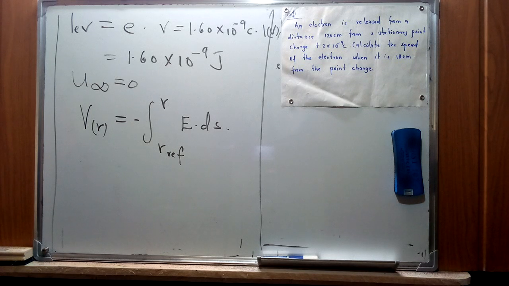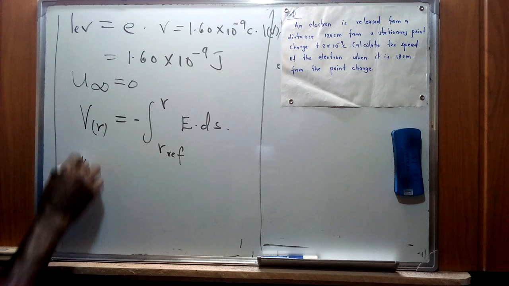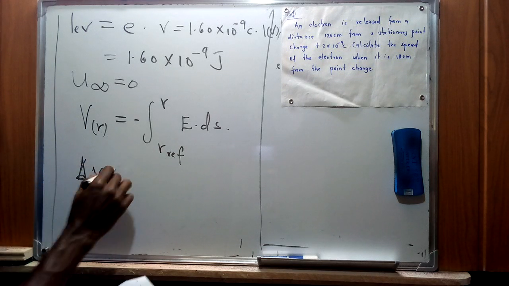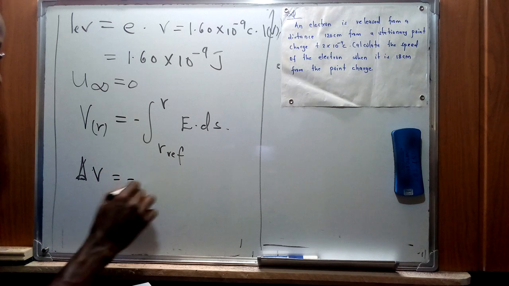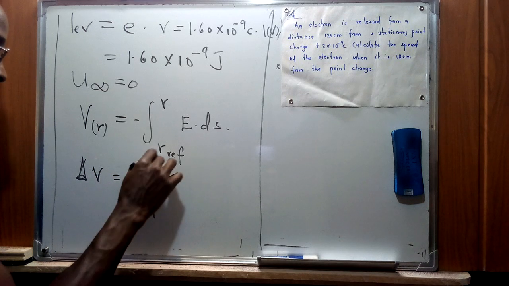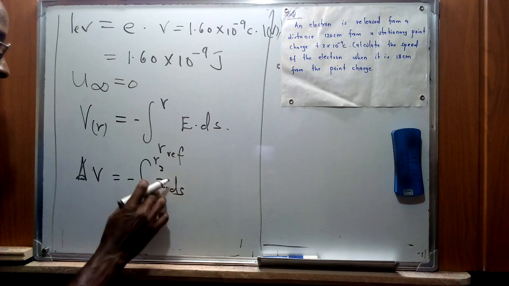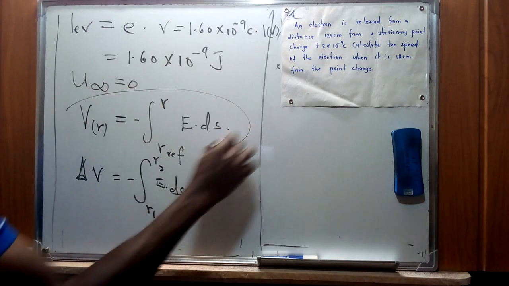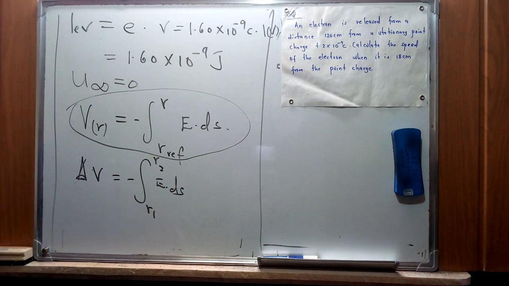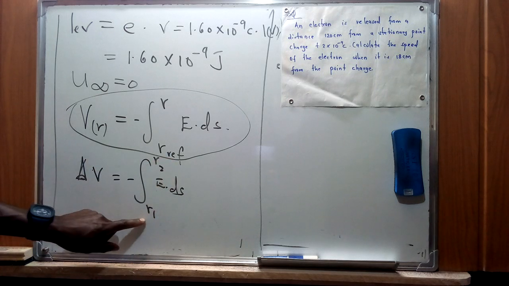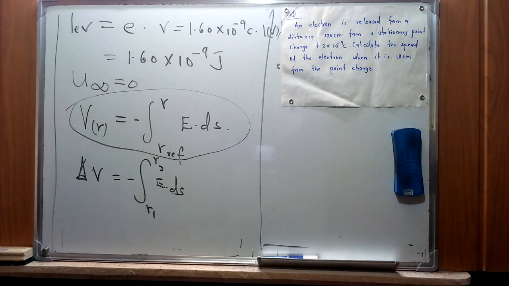Given that we have defined the change in potential between the 2 points R1 and R2 as the integral of E ds, this is the general representation of a potential at a particular point in regard to the point of reference. Specifically for us, it's from R1 to R2.